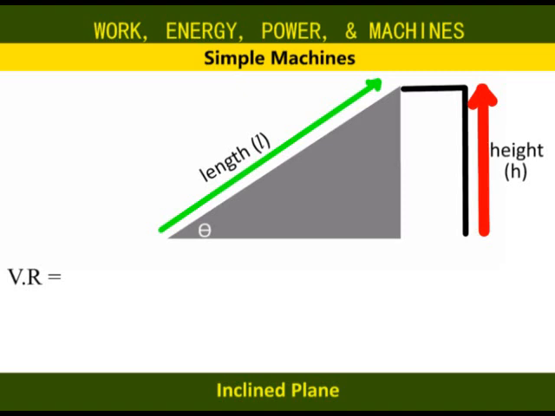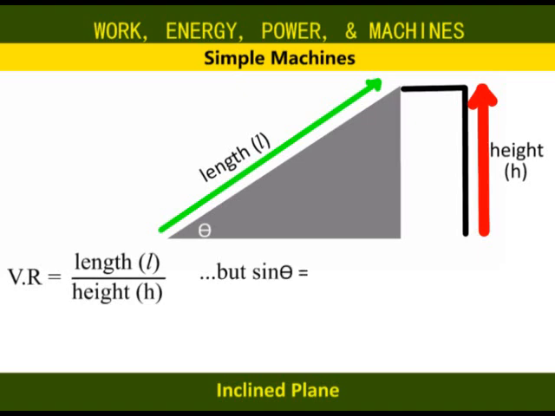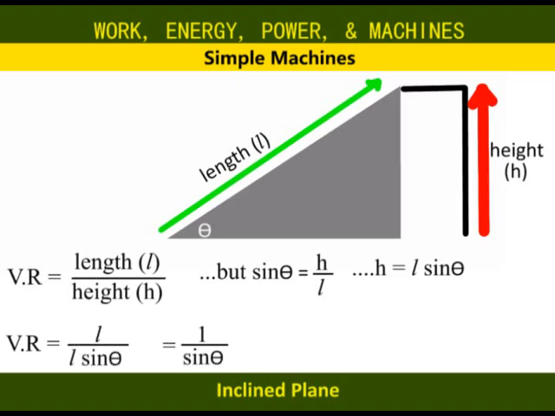That is equal to the length of the ramp over the vertical height. But sin theta is equal to height over the length, and therefore h is equal to L sin theta. And so velocity ratio will be equal to L over L sin theta, giving us 1 over sin theta.